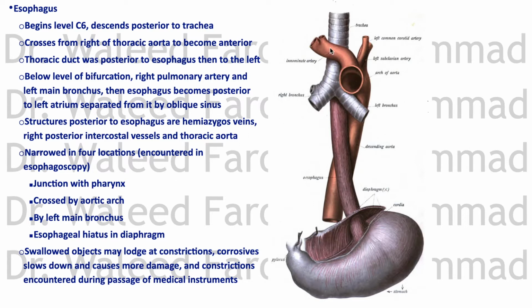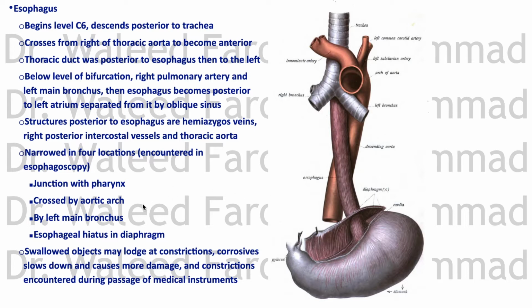And all these, by the way, are measured in centimeters from the incisor teeth. How far is it from the incisor teeth, and you will be able to know the constriction encountered. For example, 40 centimeters from the incisor teeth is the site where the esophagus enters the abdomen.